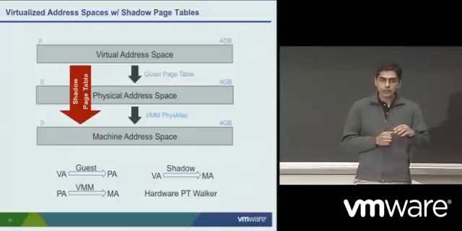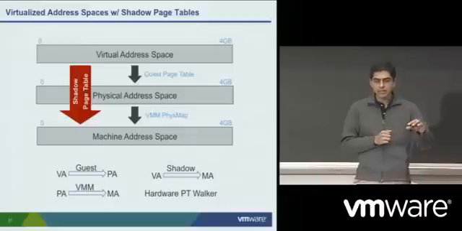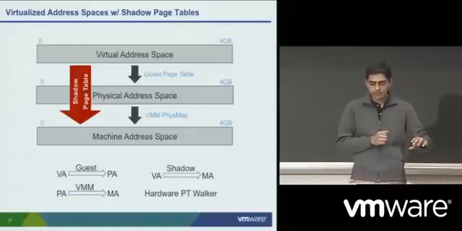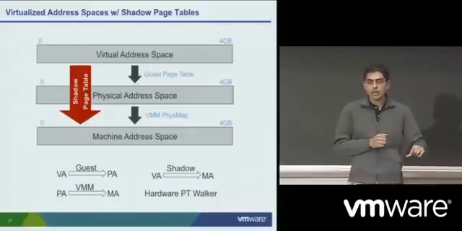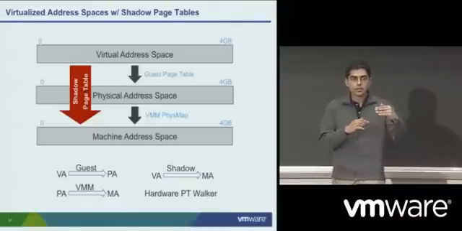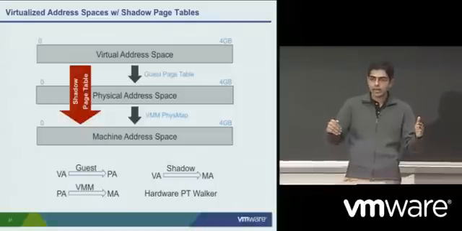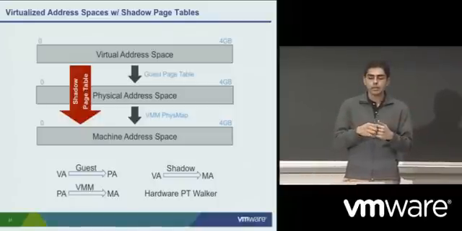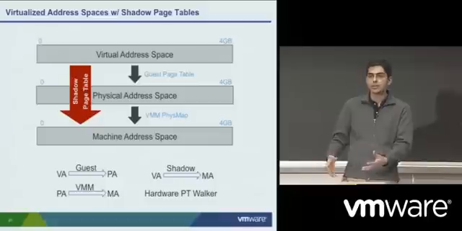So given that the guest manages one set of translations and the VMM manages another set of translations, it's important to note that the virtual address to the ultimate machine address is what has to be residing on the underlying hardware's page tables.